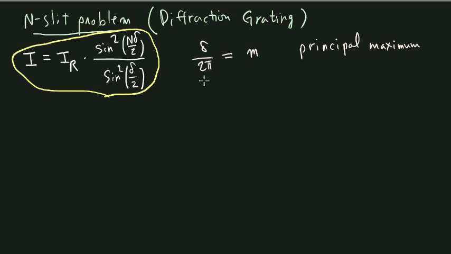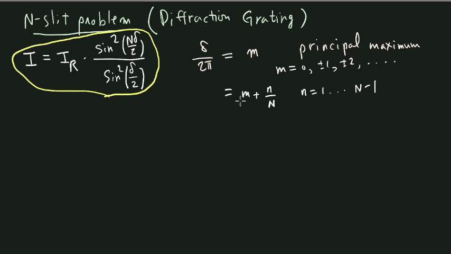So let's summarize the principal maximum condition and intensity minimum condition as we found out. The principal maximum condition corresponds to delta over 2 pi being an integer, m equals integer. And then what we found is that the minimum intensity corresponds to the same quantity being m plus an increment of l over n, where l can now be thought of as going from 1 to n minus 1.